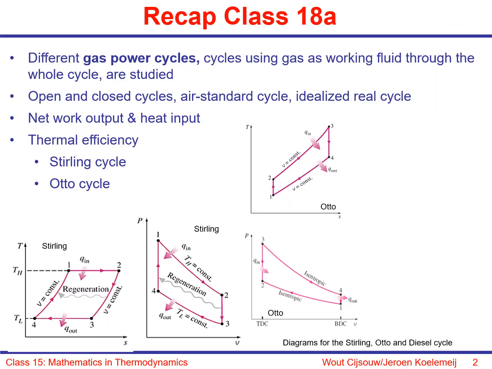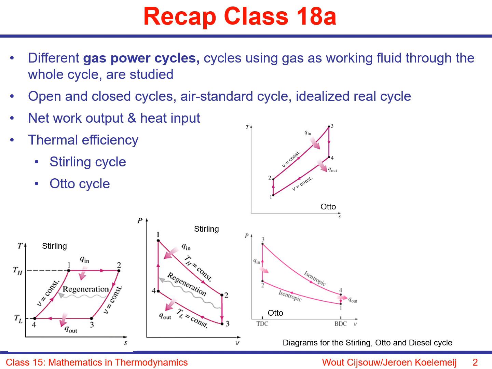As usual, we would like to start with a recap of the previous class, 18A. Back then, we talked about gas power cycles. Obviously, these use gas as a working fluid through all stages of the cycle. You can have open and closed cycles. We introduced an idealized, simplified model cycle called the air standard cycle.